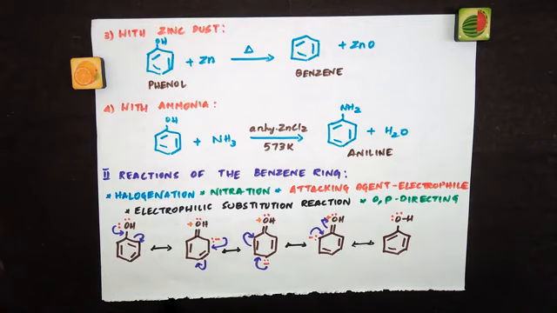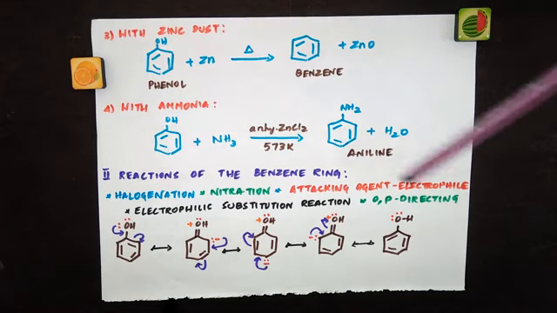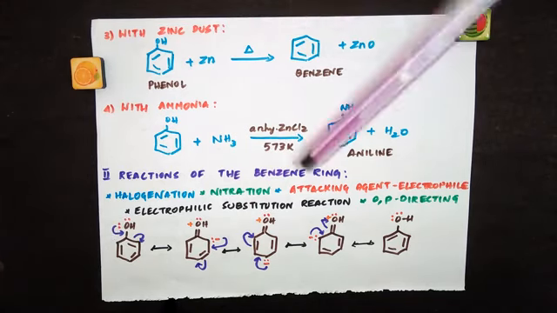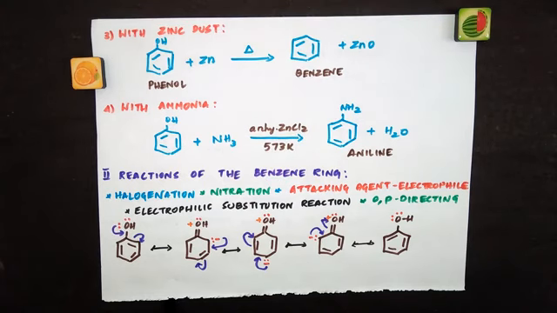The negatively charged ortho and para positions, or the meta position with no charge? Obviously, the positive electrophile will prefer the negatively charged ortho and para positions. So that's the reason the OH group is ortho-para directing, which means it is directing the incoming electrophile to the ortho and para positions.